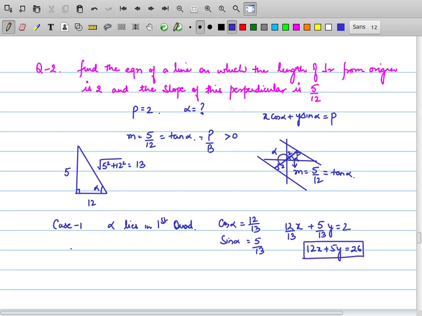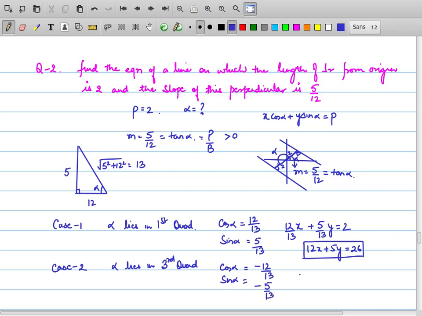Now the second case could be when our alpha lies in the third quadrant. If alpha lies in the third quadrant, tan alpha will still be positive. And in that case, cos alpha and sin alpha will have the same numerical values, but their sign would be negative because cos alpha and sin alpha in the third quadrant are negative. Therefore, instead of 12 by 13, we'll write minus 12 by 13 and minus 5 by 13.